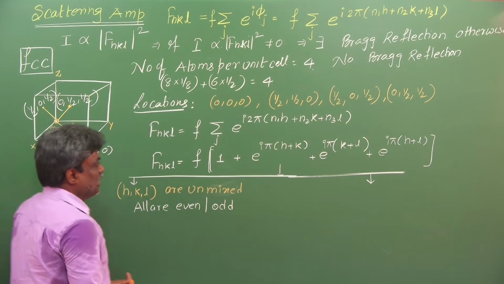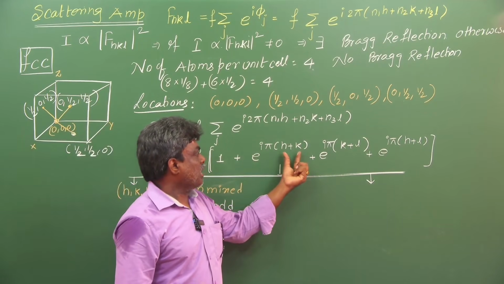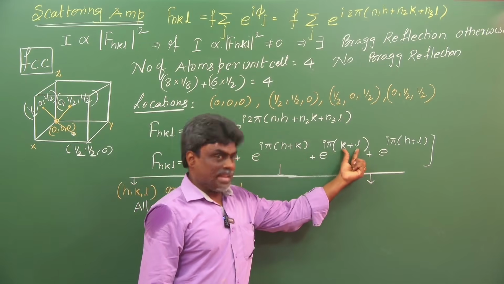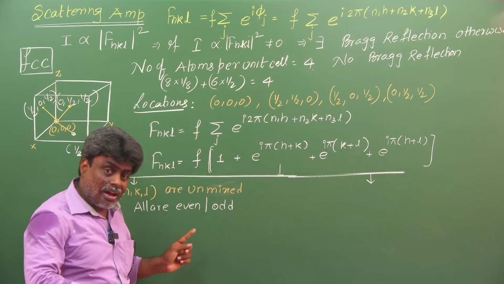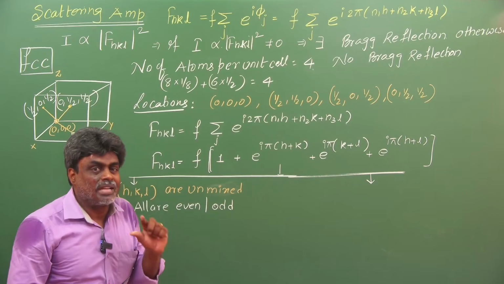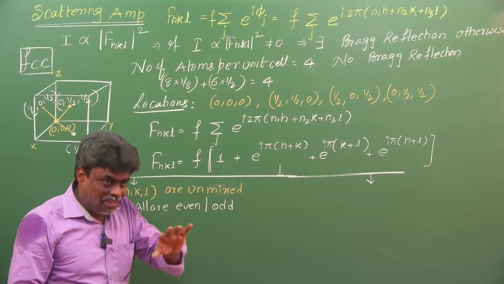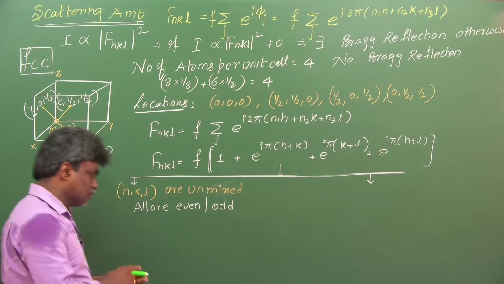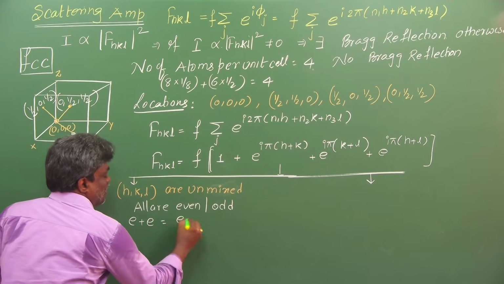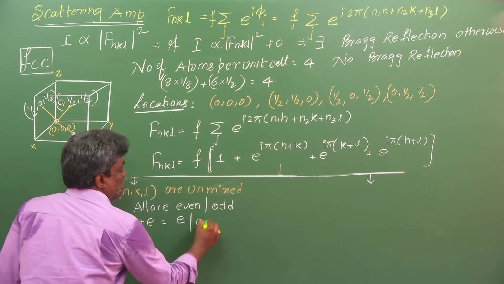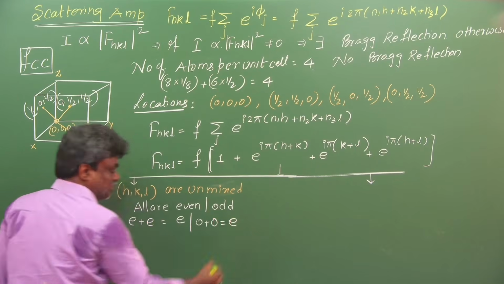That's why, if you see carefully, sum of any two integers, here you are taking all even or all odd. That means you will get the sum of any two even or any two odd. Even plus even is always even. Odd plus odd is always even.